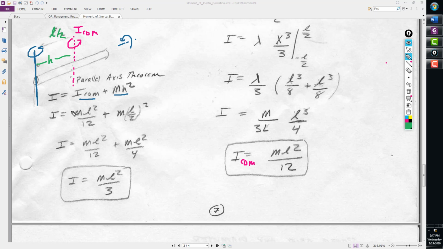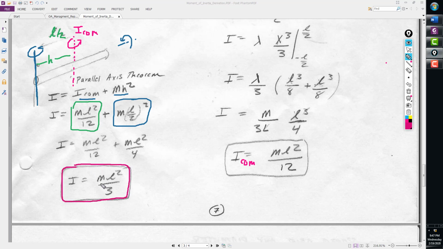So that's the I of the center of mass, plus mh squared, and h is l over 2. Then we get ml squared over 12 plus ml squared over 4. And finally, that's going to give us I equals ml squared over 3.